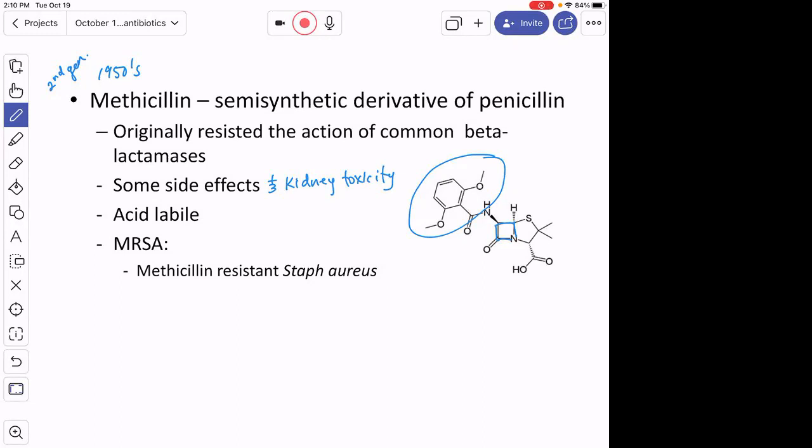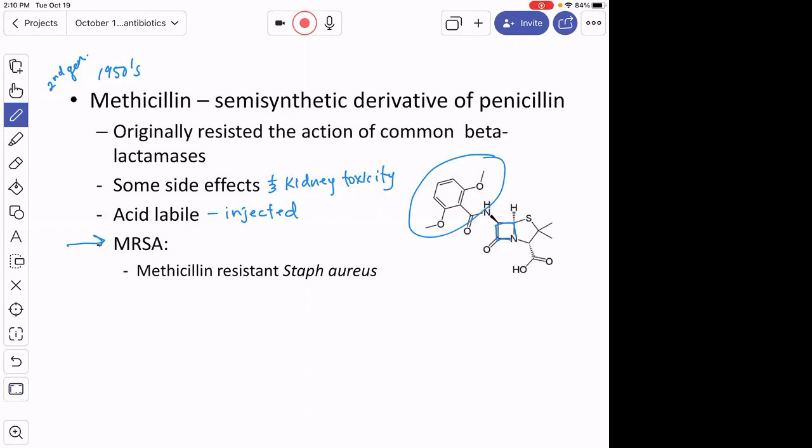It's acid labile, meaning it had to be injected. So there were some drawbacks. Another big drawback is that this strain of Staph aureus again became resistant to it, and that strain is still around today.